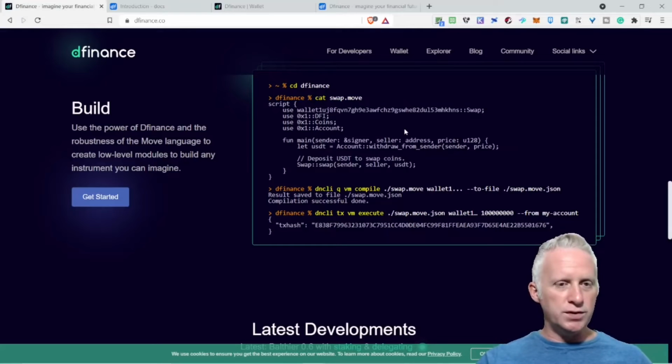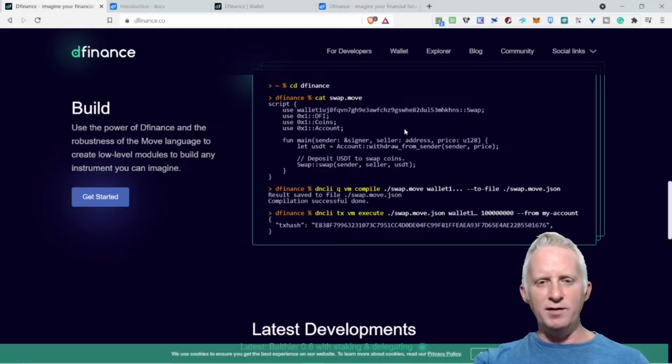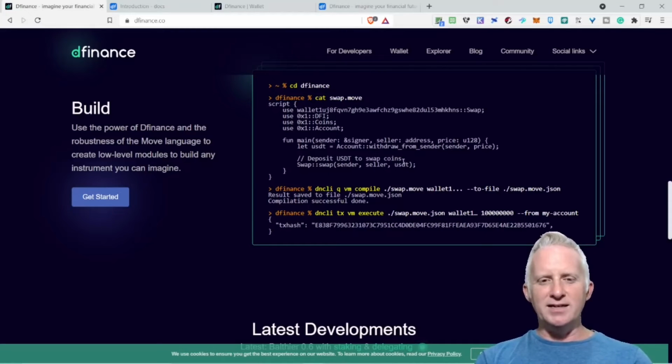Use the power of Dfinance and the robustness of the Move language to create low-level modules to build any instrument you can imagine. At a high level, I'm not quite sure how this is going to work. Say, "Hey computer, please trade me $200 for, I don't know, banana, for example," and you integrate that in the code.